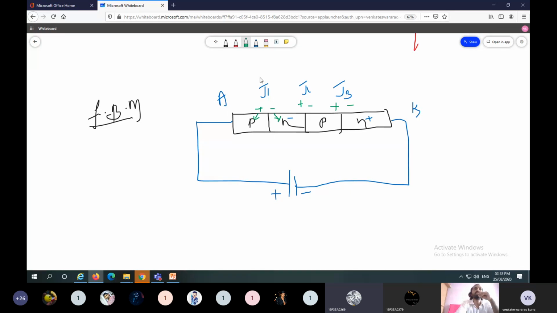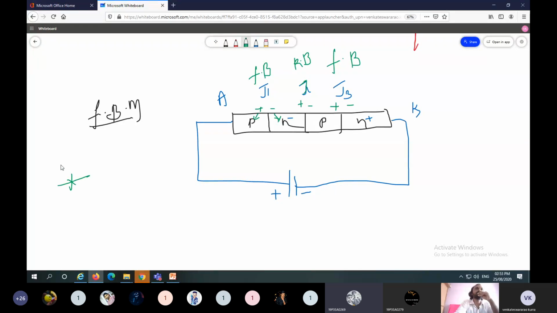Here plus is connected to positive and minus is connected to negative. So junction J1 is forward bias. Very good. Next, junction J2 is reverse bias, because positive is connected to the N-type region and negative is connected to the P-type region. Next, junction J3 is forward bias.